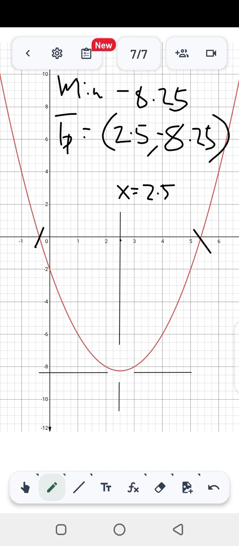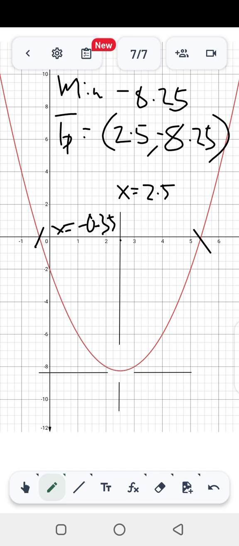So here x will be negative 0.35, and here is going to be 5.3.